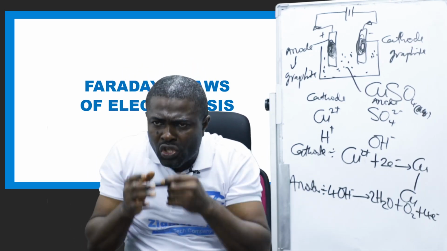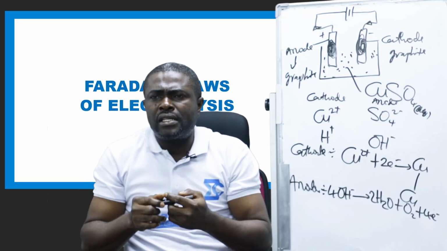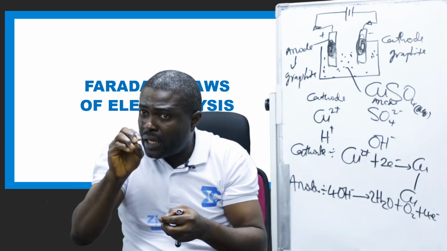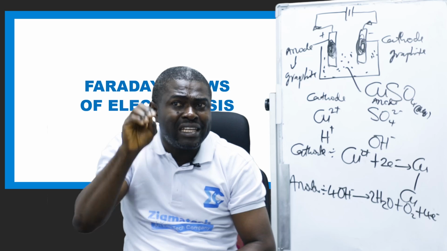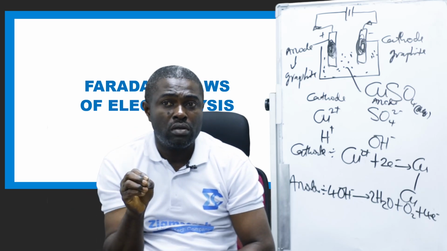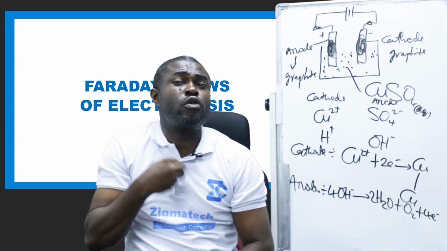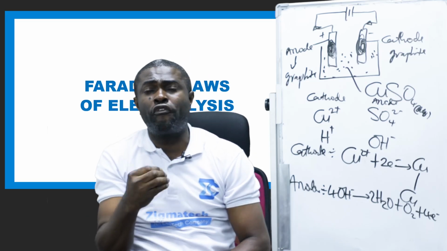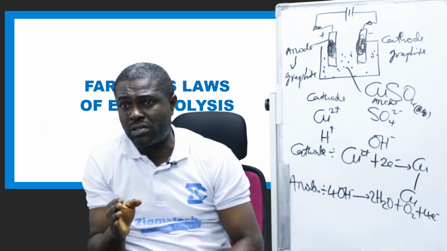Faraday discovered that the mass of this copper you can find at the particular electrode, which is the cathode, is proportional to the quantity of electricity that is passed across.